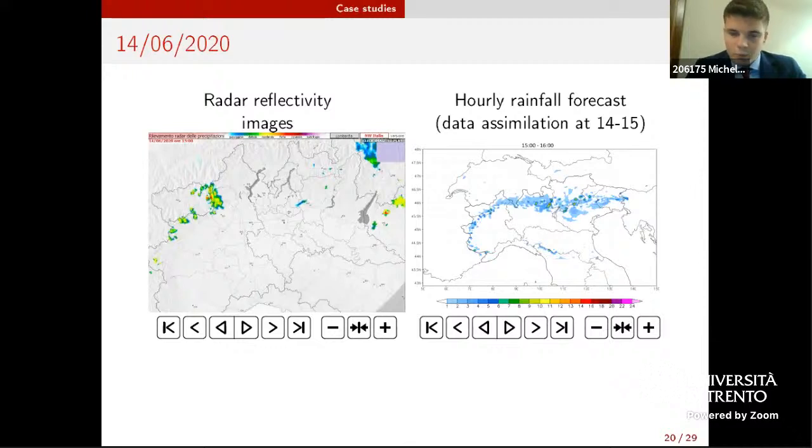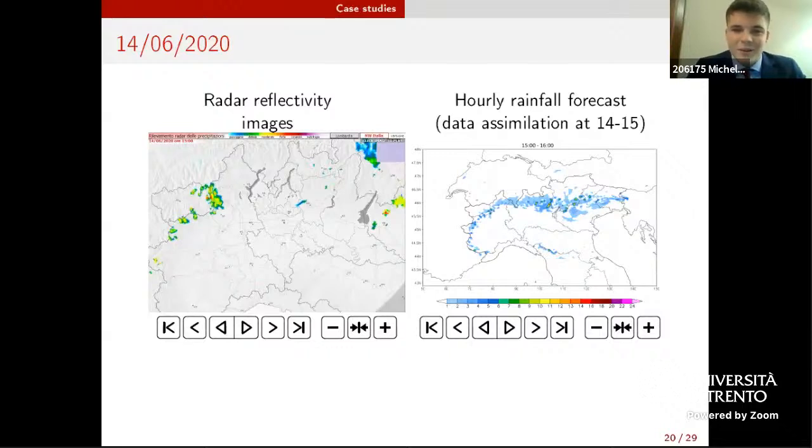But the problem was also that the 4D-Var technique was very computationally expensive, so we used only a time window of assimilation of two hours. It would be interesting to increase this time window and also have a moving time window, considering a window of 5-6 hours.